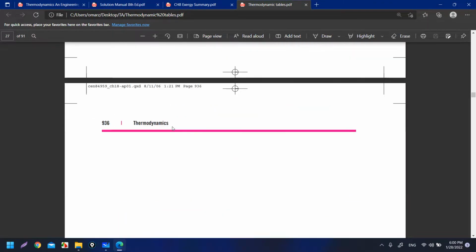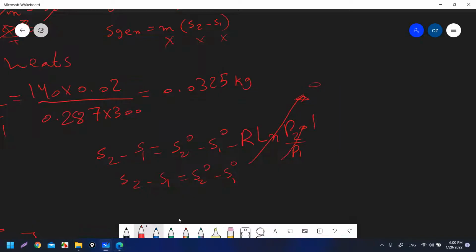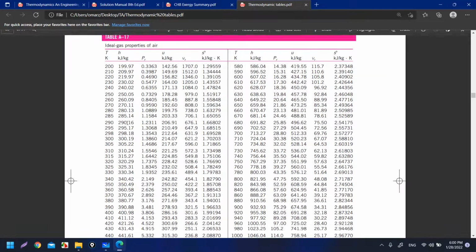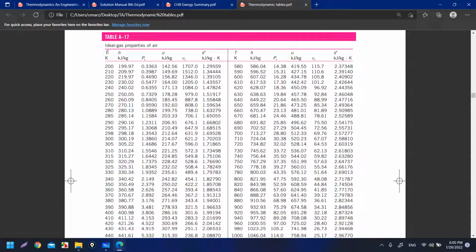For table A17, if you have temperature, you can find enthalpy, Pr, U, vr, S naught. If you have one property, you can find any other properties. So you only want one property, not like other tables for steam or refrigerant, where you need two properties to find other properties.